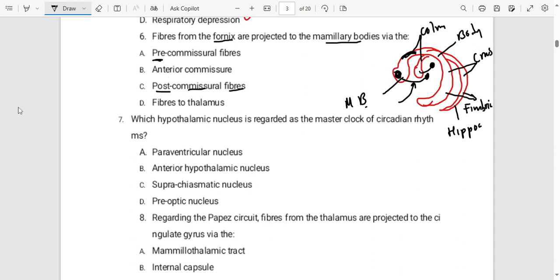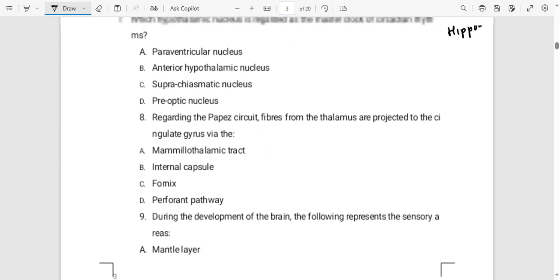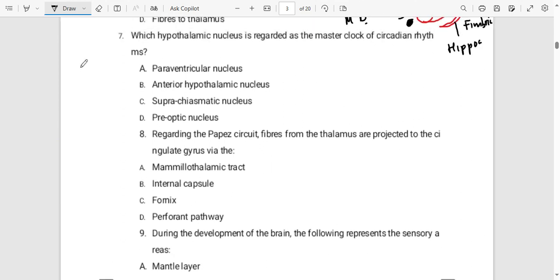Please go and check through the diagram so that you see how the precommissural fibers are moving, and also the anterior commissural fibers. If I remember well, those are somewhere at the end here. Let me not lie, because the structure is complicated there.